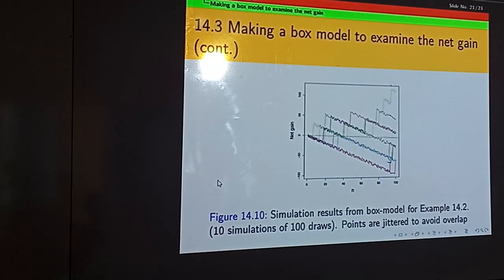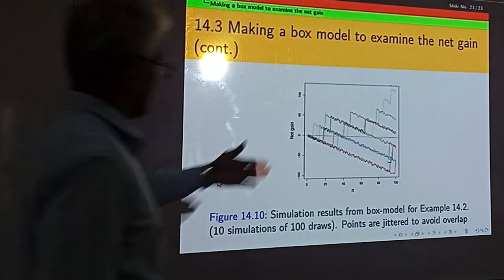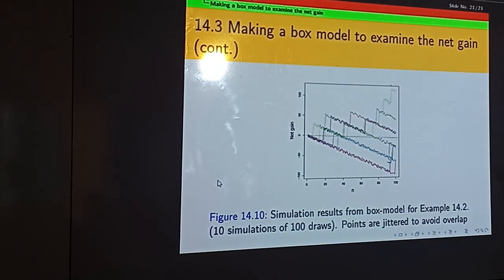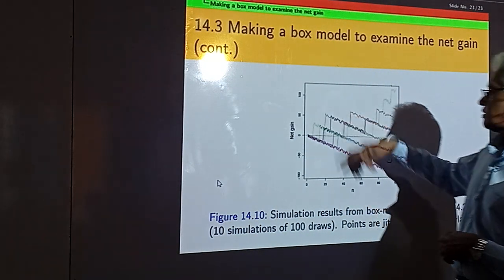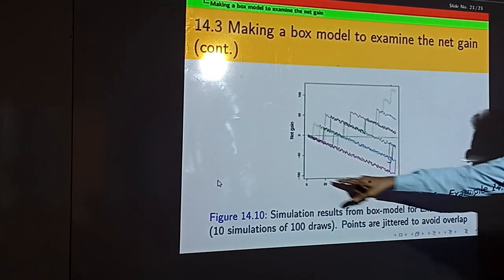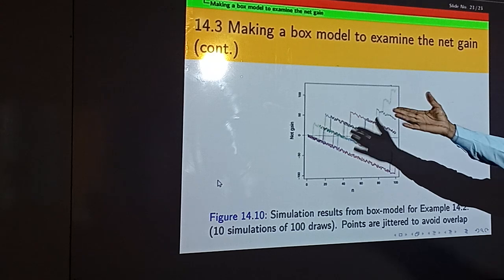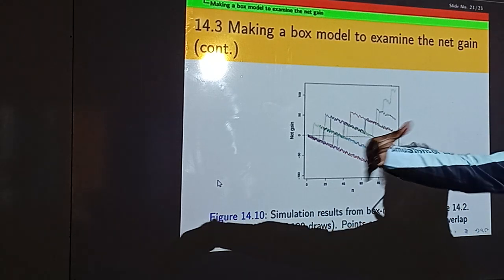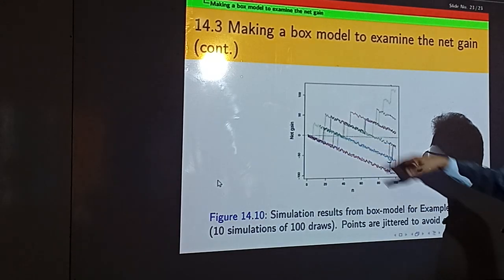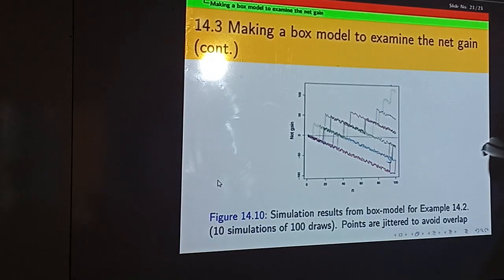So in this case I have the gain simulated. That's what happened. What I have done is I have looked at only 10 simulations, but here up to 100. They wanted to look at the total gain after 100 bets. So these are several possibilities. Again, I have jittered the points because otherwise all the lines will be on each other.